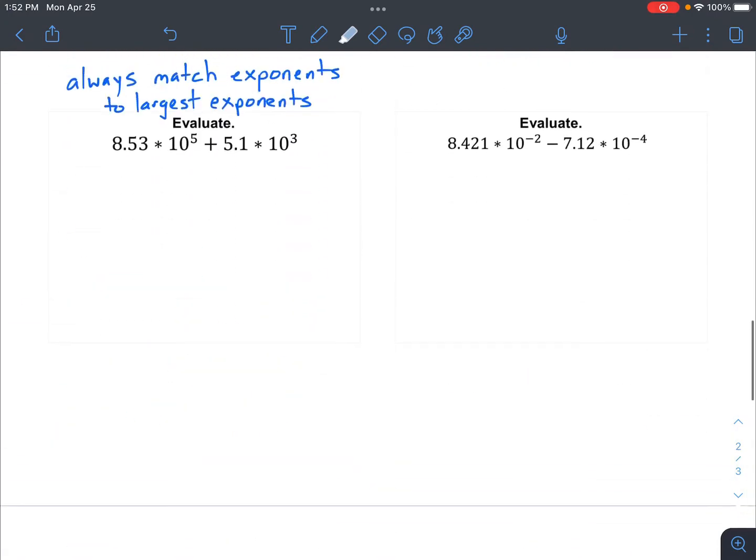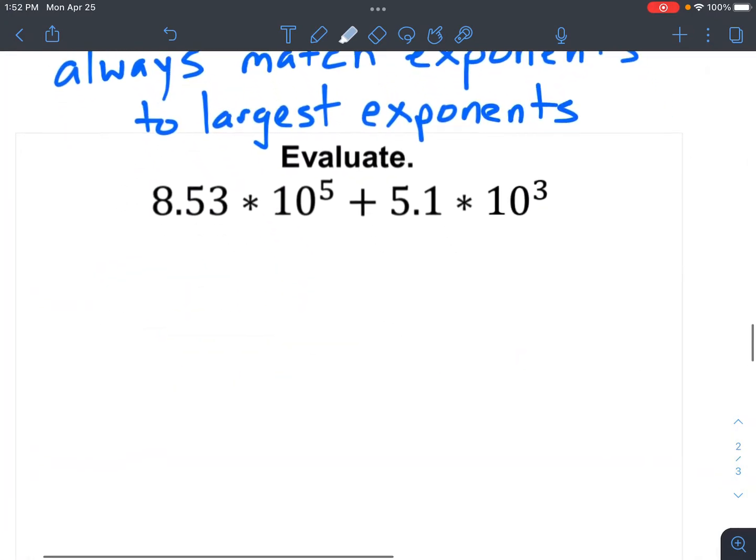So down here then, when we want to solve this, as I was just saying, let's make sure that we get the same exponent that is matching the largest exponent. So that means rather than switching the first number, we want to be switching the second number. And so that's why I already crossed off the 3, and we're going to turn that into a 5.